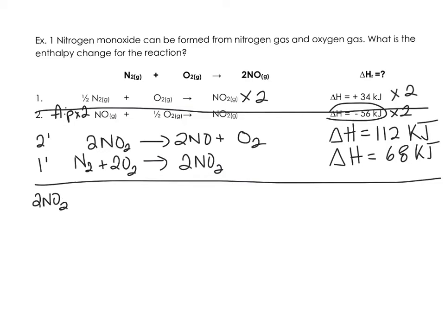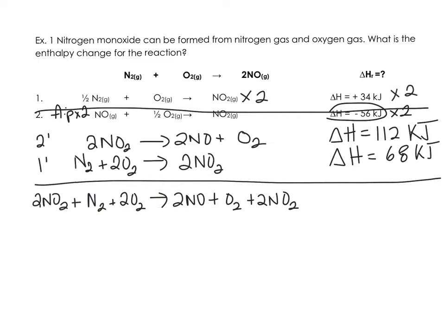So we've got 2 NO2s and 2 O2s going to 2 NO, O2, and 2 NO2s. So you're adding up all your reactants, all your products, separating them with an arrow.